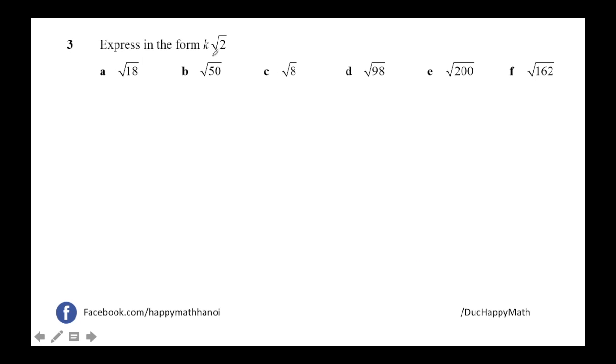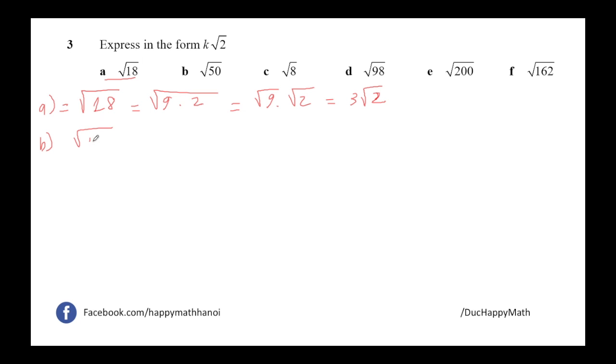Express it in the form k times the square root of 2. K times the square root of 2 means the factor of this question has to be the square root of 2. So I will take the 18, which will be equal to something times 2. Something here is 9 times 2. So you can separate the one square root into the 2 square roots, and it is equal to 3 square root of 2.